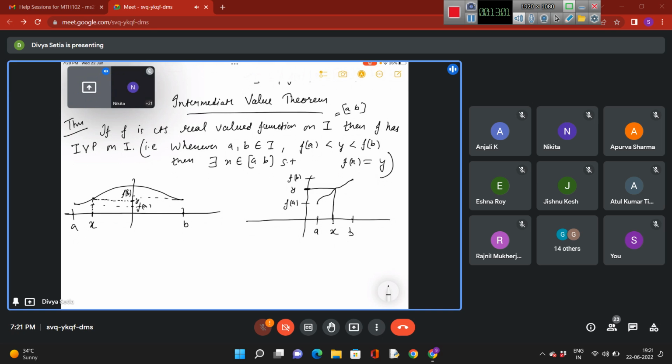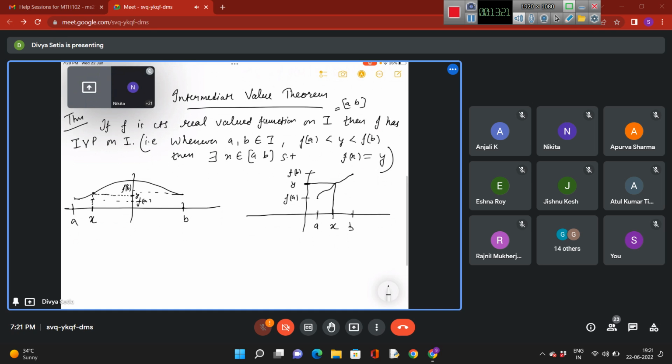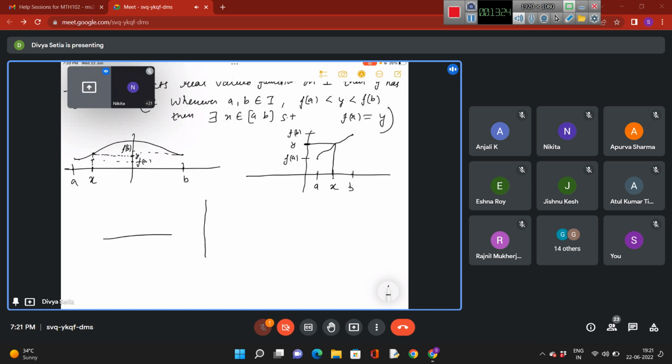Why? Because the function is continuous, so it cannot leave any value between your f of a and f of b. It has to give some value to each and every point. Otherwise, if there's a gap, it will not be a continuous function. Whatever function you construct, suppose your function is very bad looking. Suppose this is your continuous function. This is your a, this is your b.